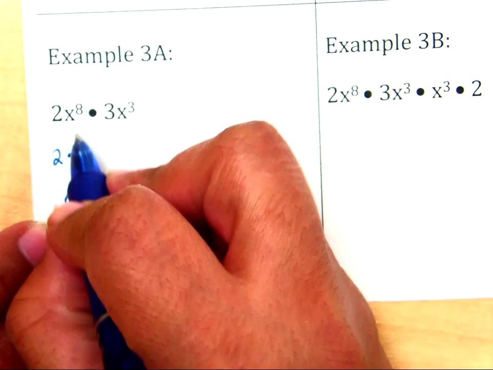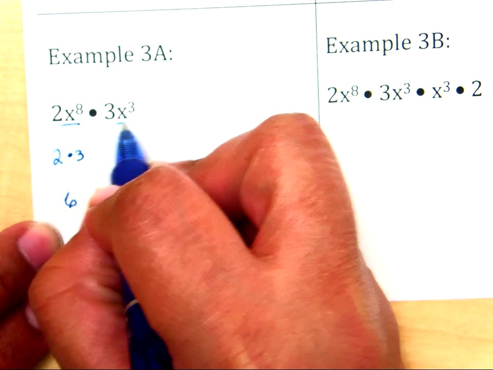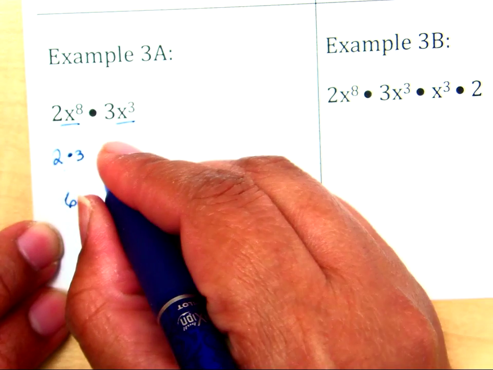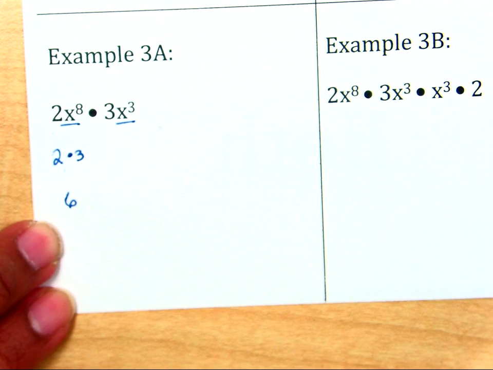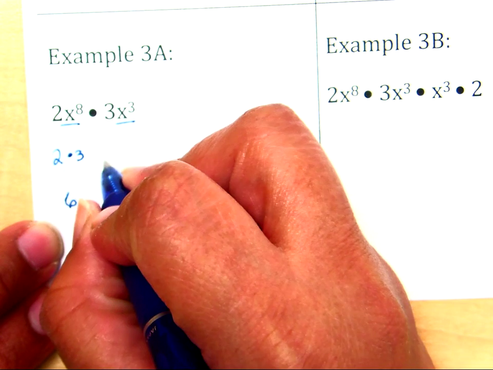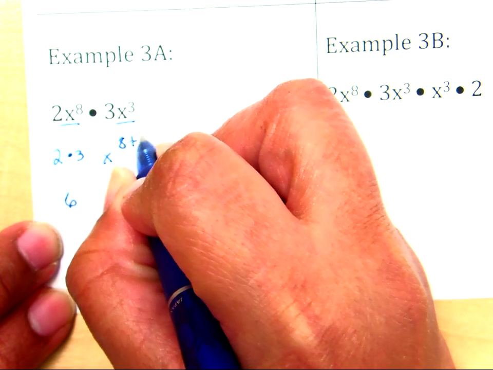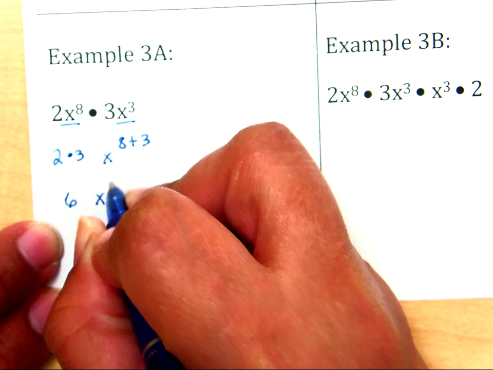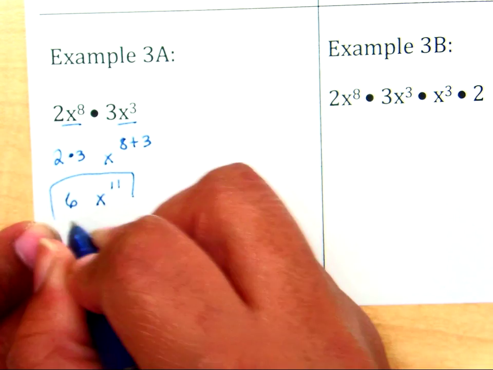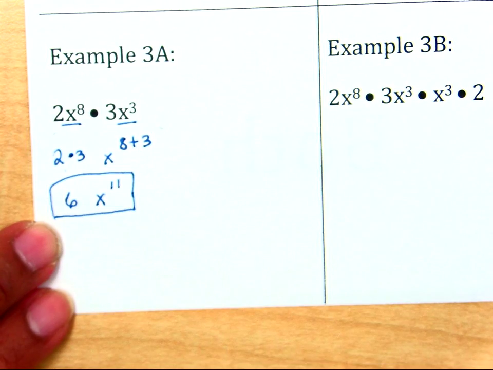And now we're going to do the same thing with the exponents. Here are the exponents that are the same. I'm sorry, not the exponents, the base. The bases are the same, so we're going to say x 8 plus 3. Well, 8 plus 3 is 11, so our answer is 6x to the 11th power.